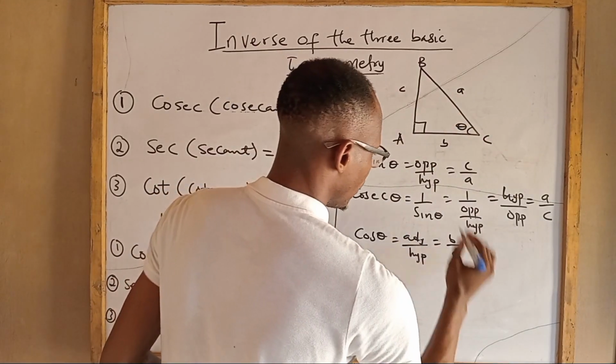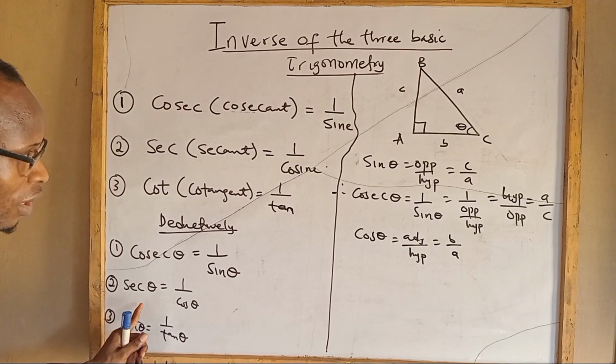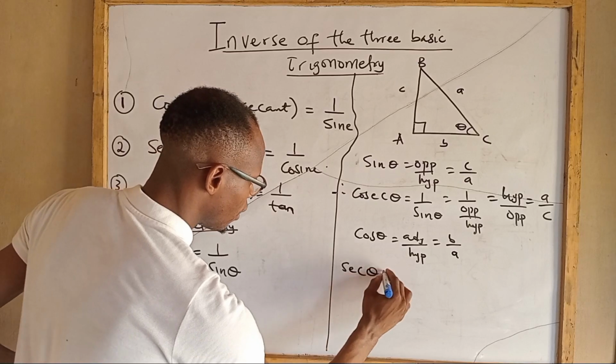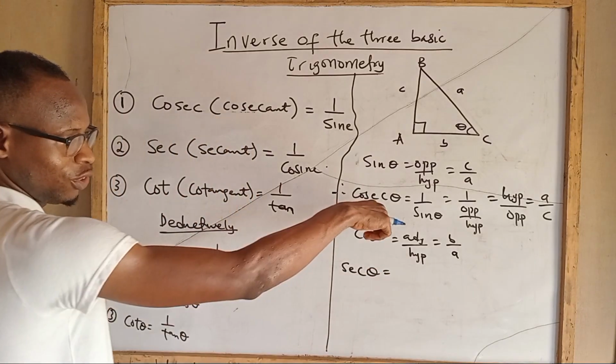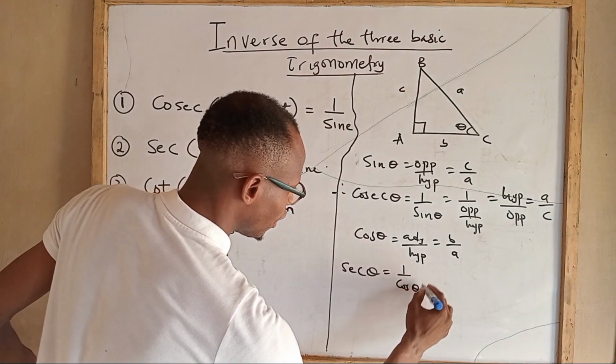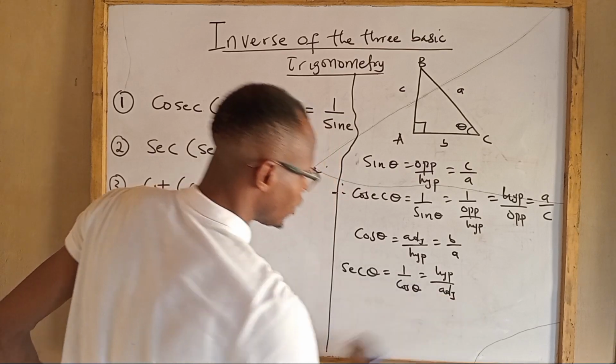Since this is related with sec, we can get the formula for sec by saying that sec theta is equal to the inverse of cos theta, which is hypotenuse over the adjacent.